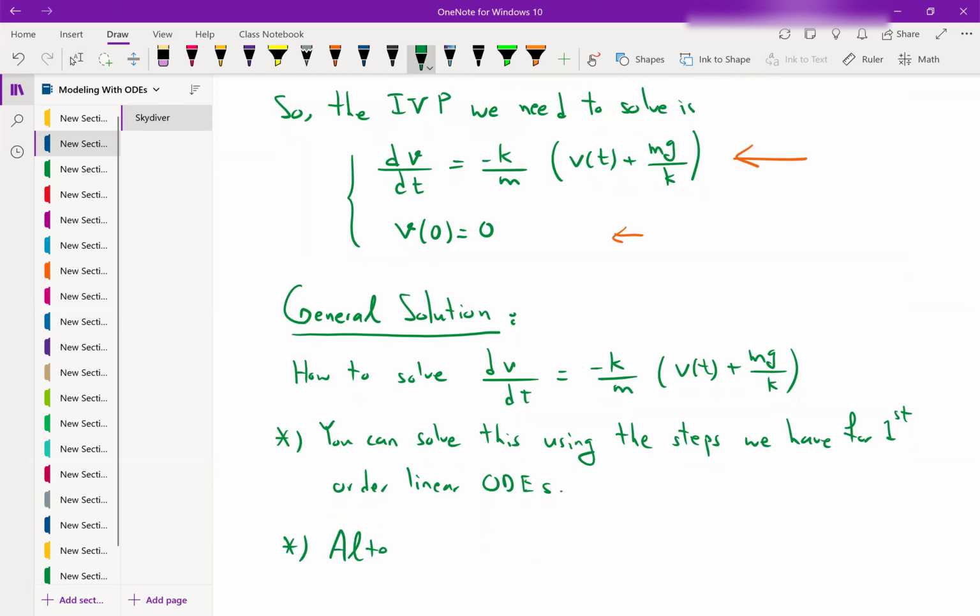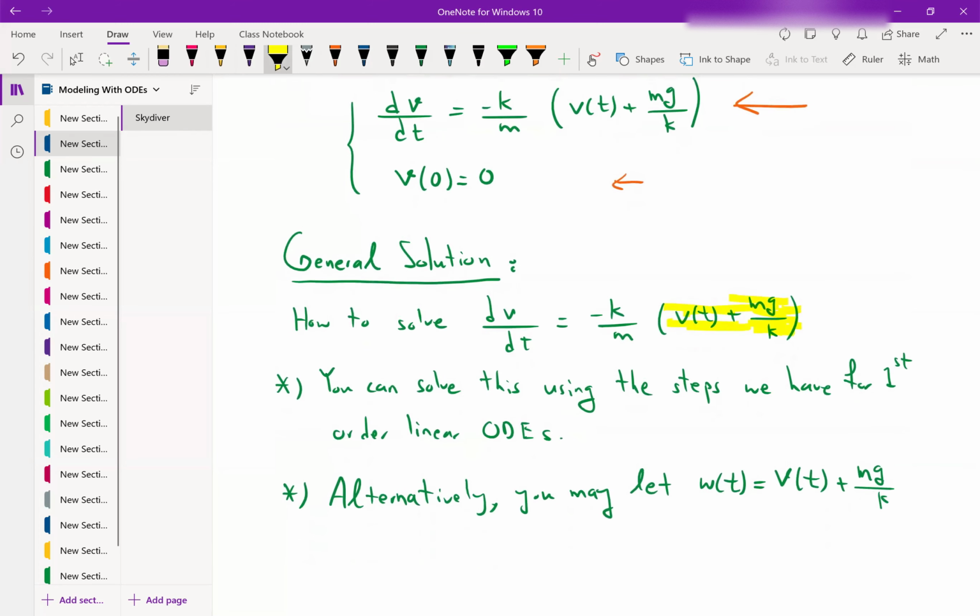Alternatively, you may do something clever. You may introduce a new variable w of t as v of t plus the constant mg over k. This guy that appears here, call this w of t.